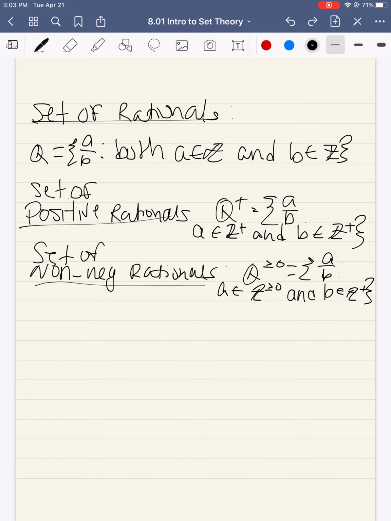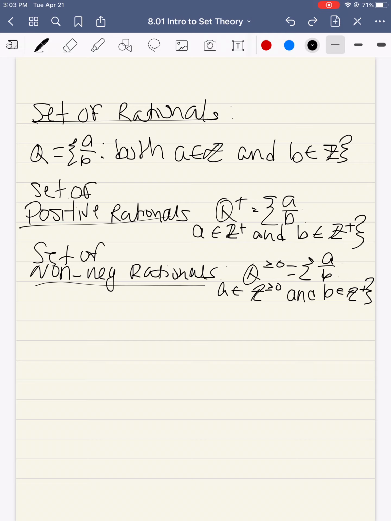So I don't want to put numbers that are undefined in my set. So for all of these, b is going to be part of the set of positive integers, so that we don't have a division by 0.